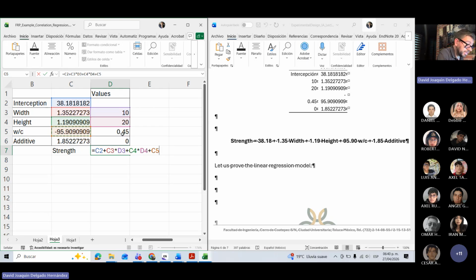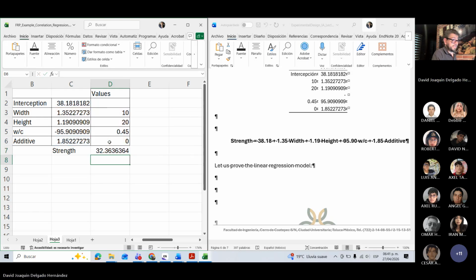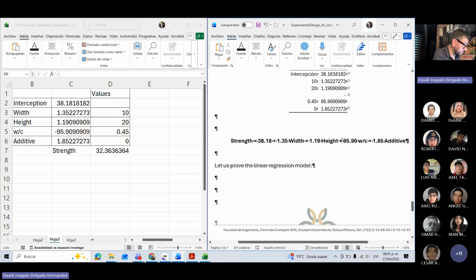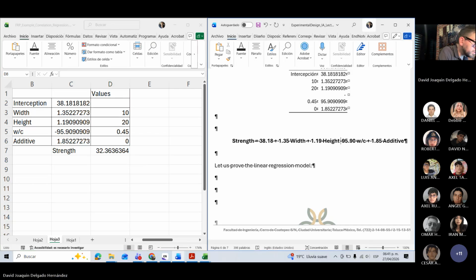Plus this coefficient times this value plus this coefficient times this value. And look, I am going to do enter. That is a very good model. This is minus. Sorry, here it is minus. This is the strength.